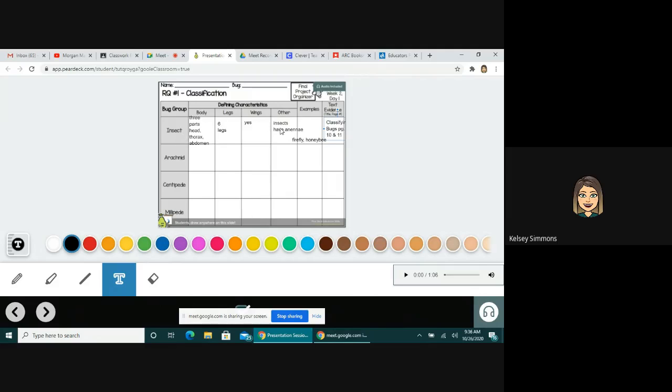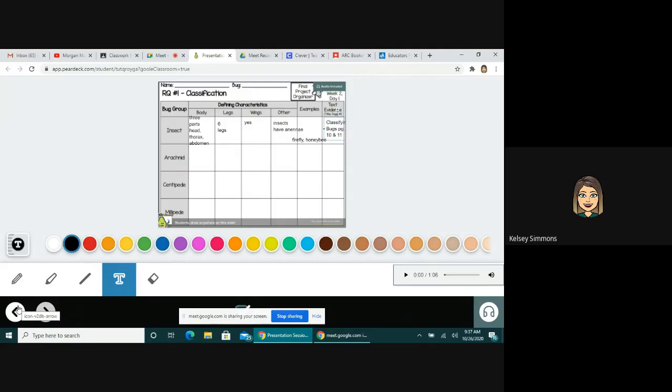Since I did insect with you, you can go back and add more information if you would like, but I definitely want you to go in and do arachnid for me. For arachnid on text evidence, you need to go back to pages 12 and 13 on our slides.